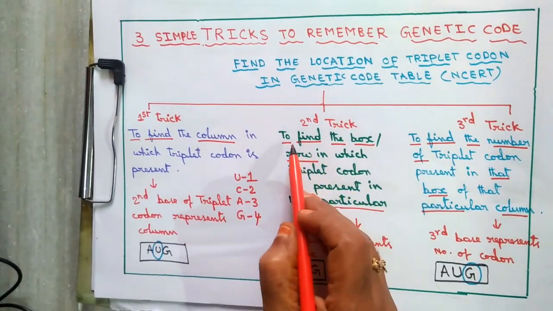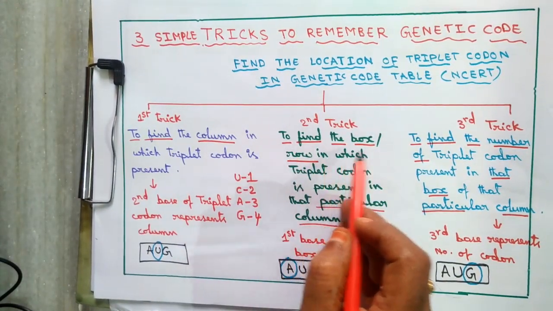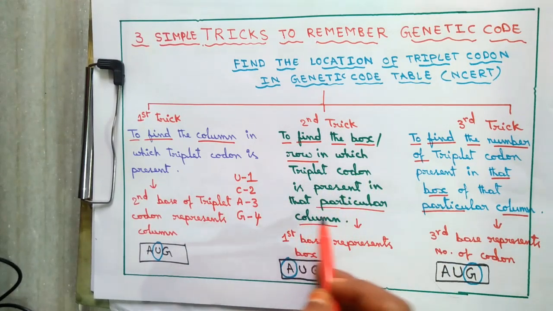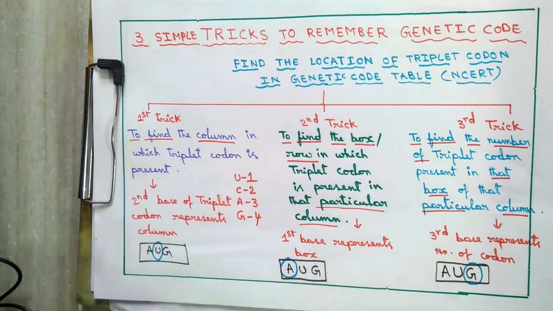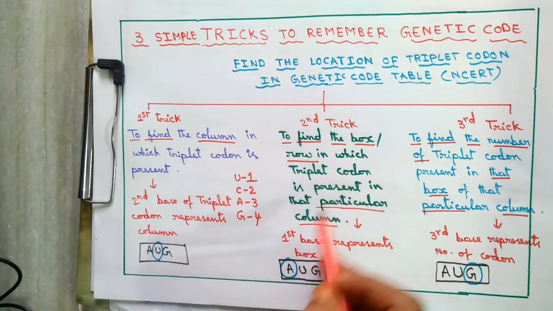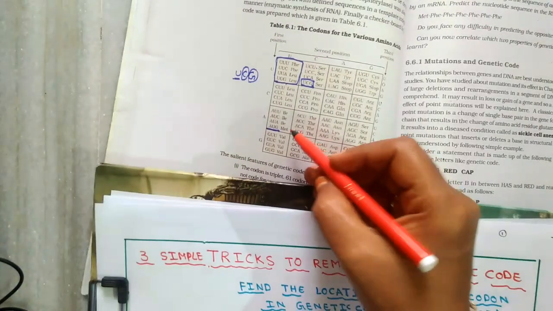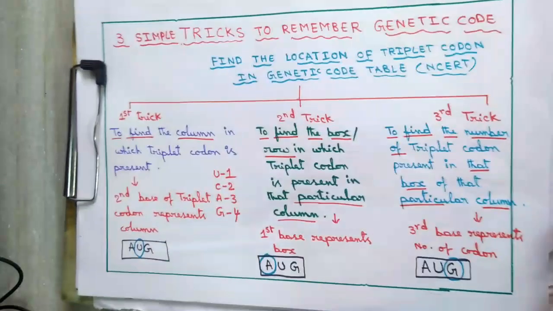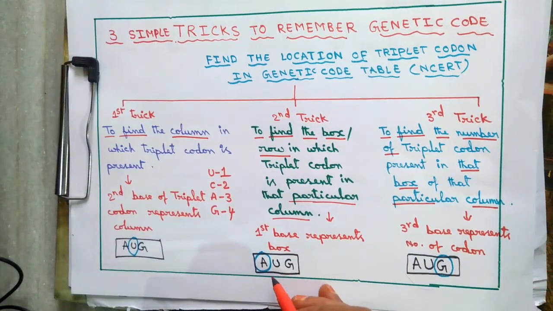So the second trick is to find the box or row in which the triplet codon is present in that particular column. The first base represents the box in which the triplet codon is present in that column. Here I have shown A is the first base.